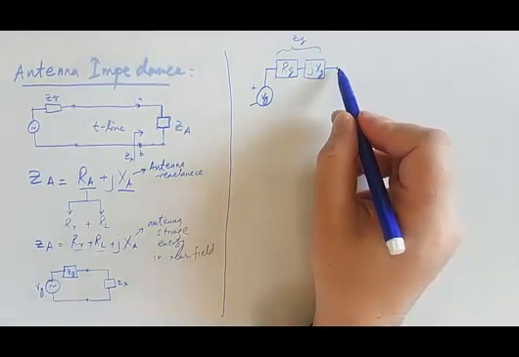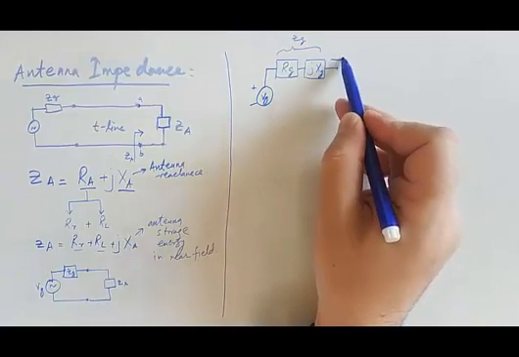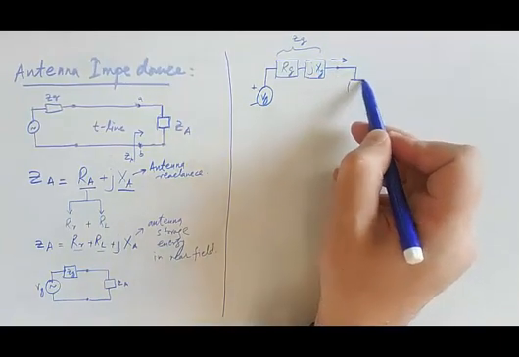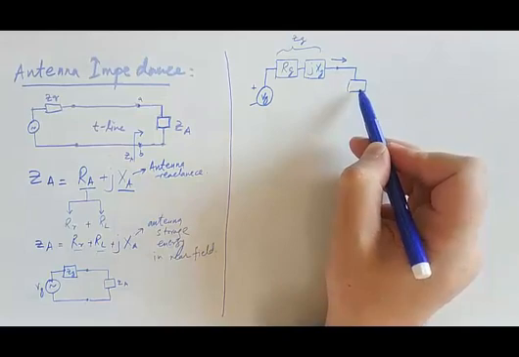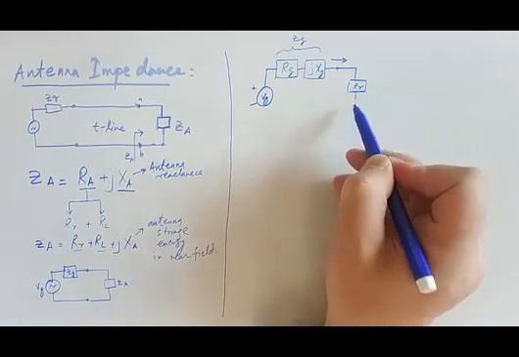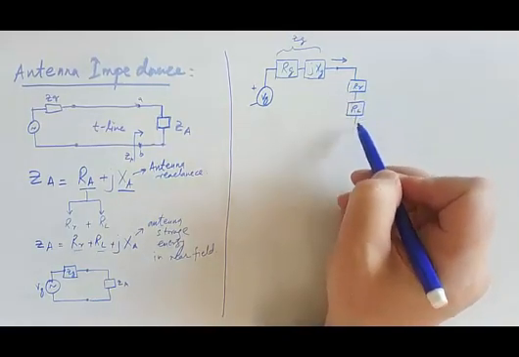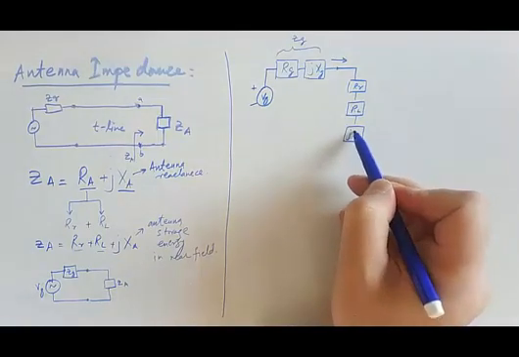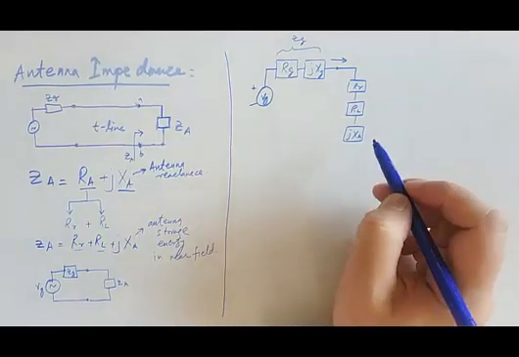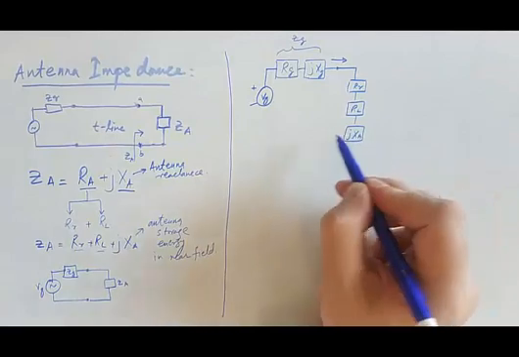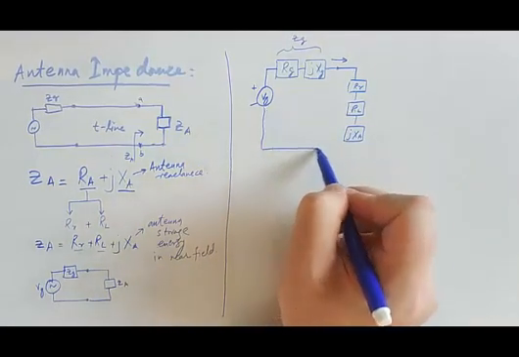Then I have my current I flowing through the circuit, and here starts the antenna impedance, where this denotes RR and this is RL, and in series we have jXA, which shows the antenna reactance. This completes the circuit.